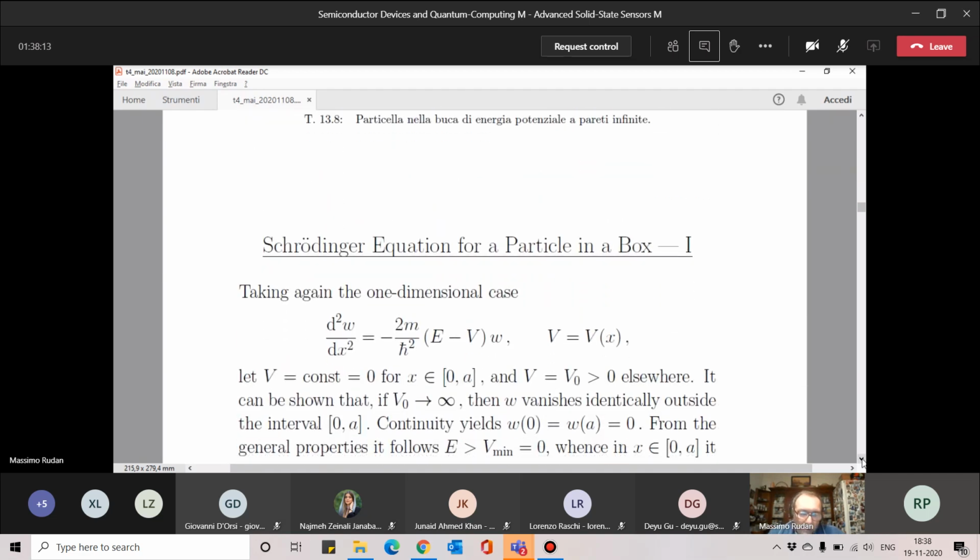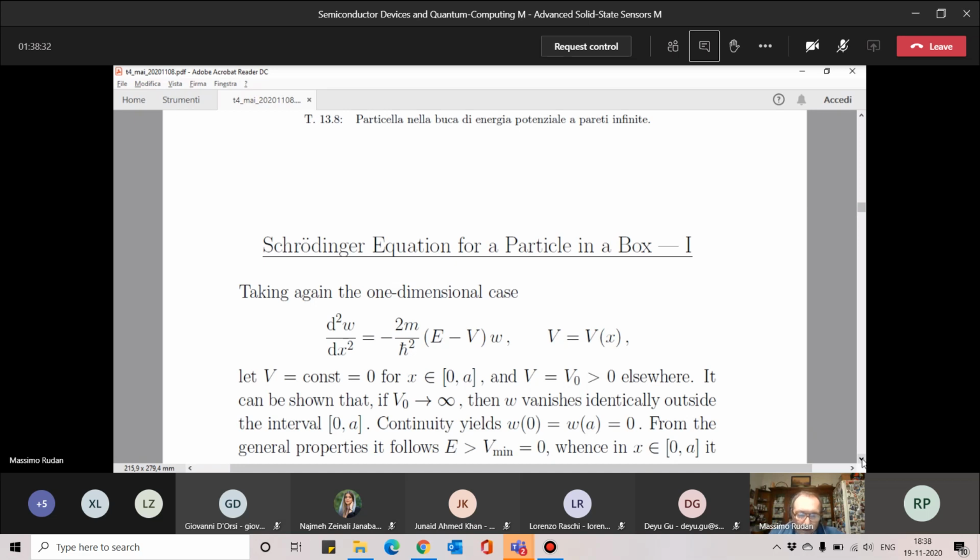Let's change slightly the situation. So let's consider the situation of the so-called problem of a particle in a box. What is a particle in a box?